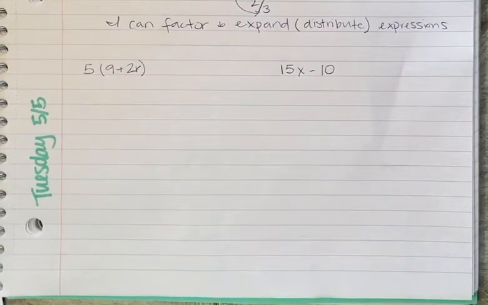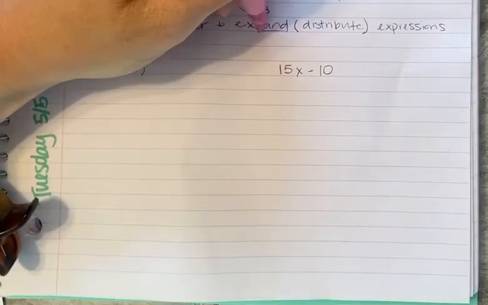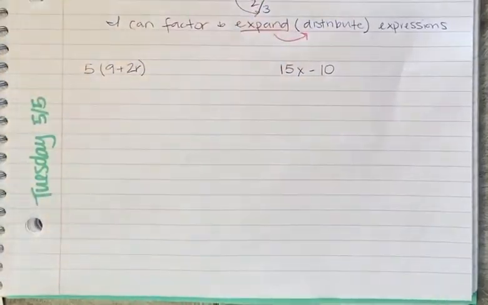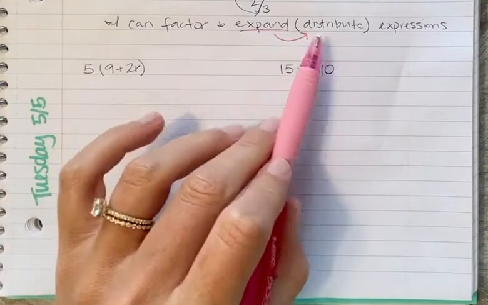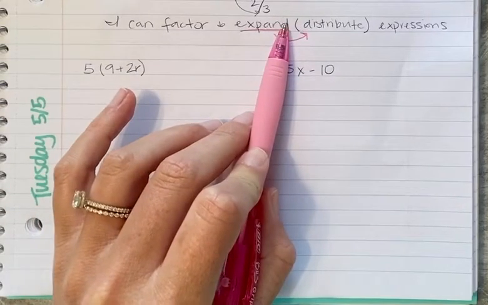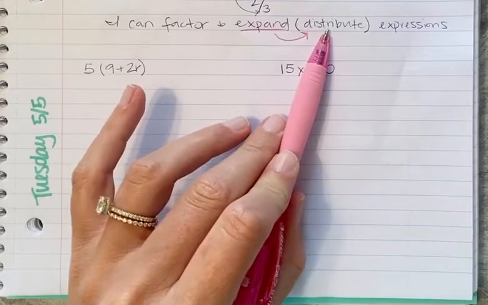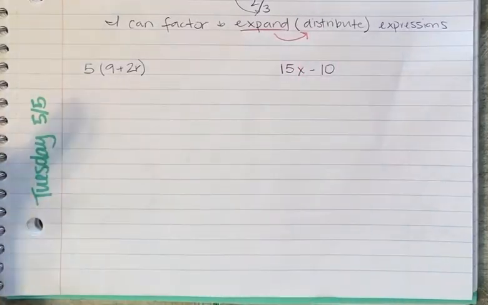So this word expanding, as you can see, means to distribute. When we talk about distributing, we're talking about multiplying. We're taking what's outside the parentheses and applying it towards everything inside of the parentheses. And when I say apply, I'm talking about multiplying.